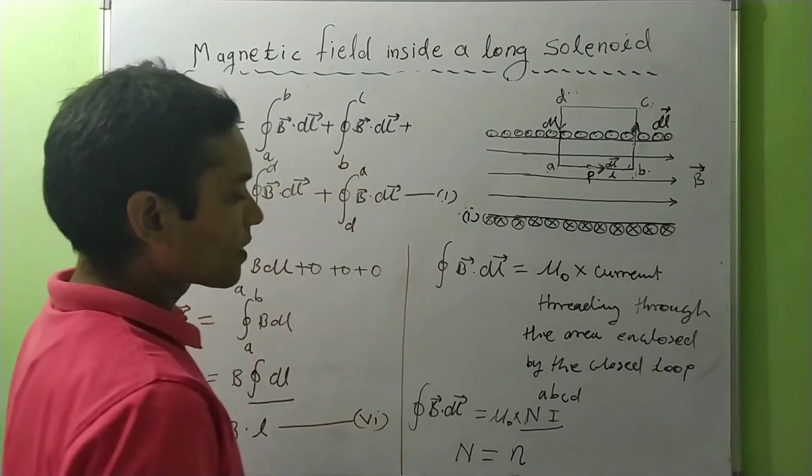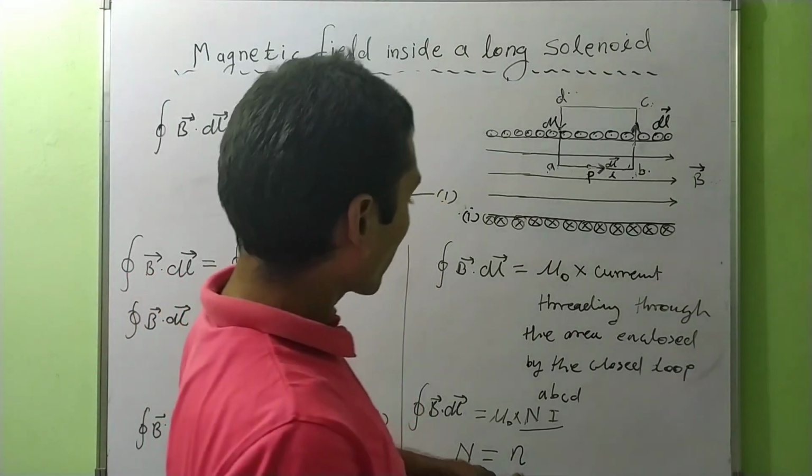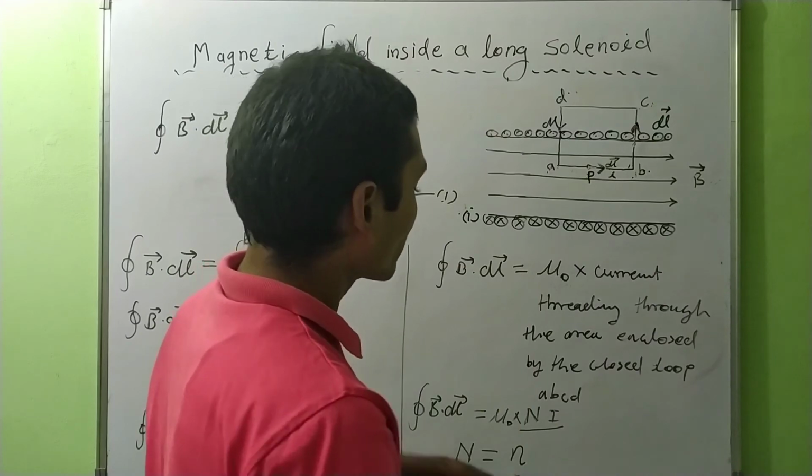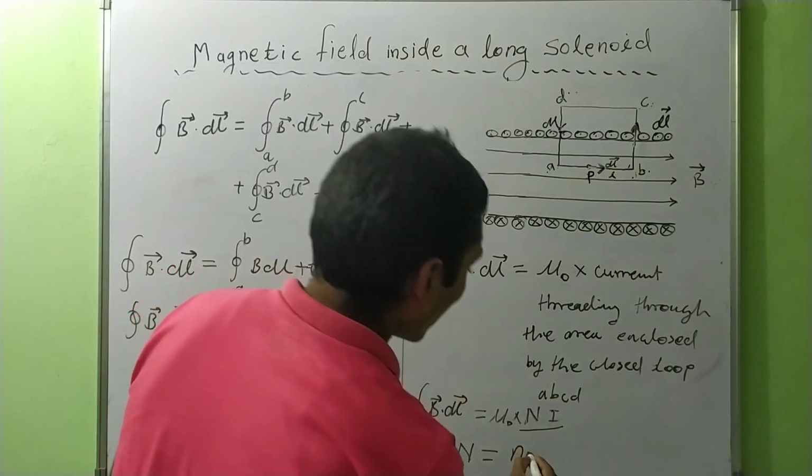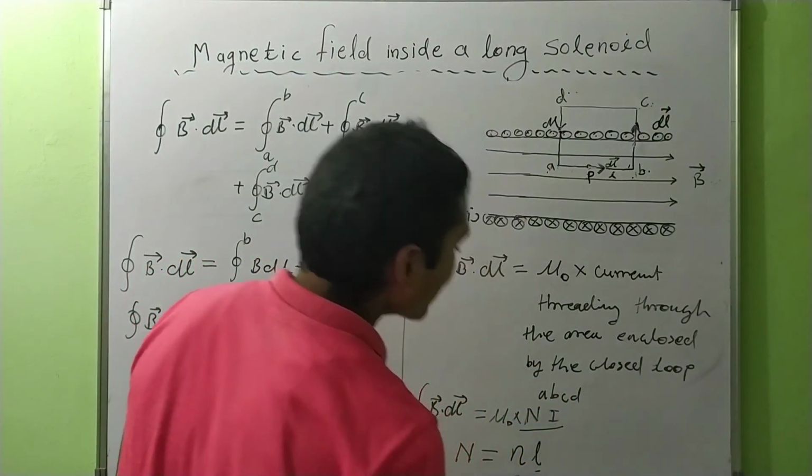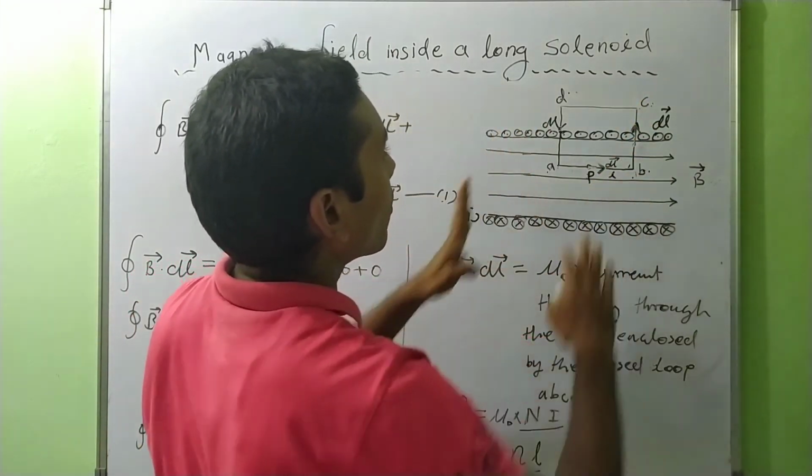But N is the total number of turns in this portion, and small n is the number of turns per unit length, so the total number will be n times the length of this small portion of the solenoid.